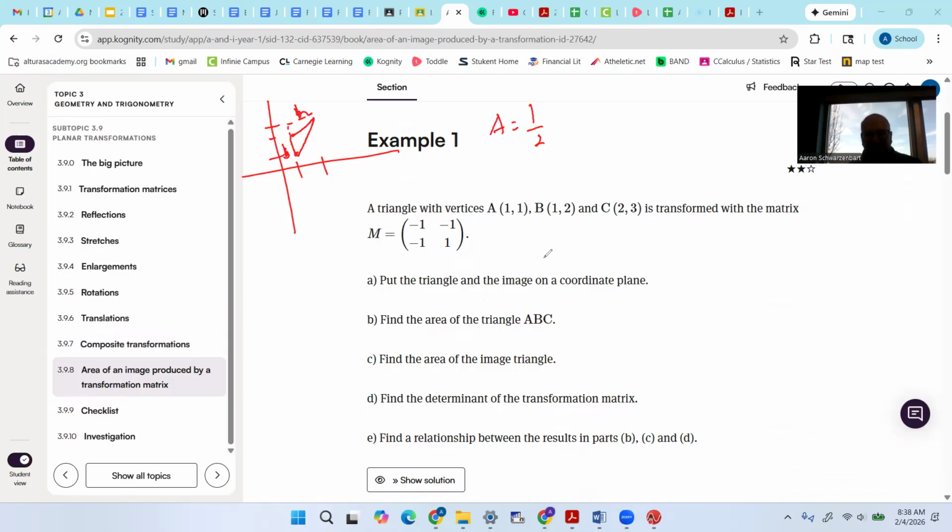Find the area of the image triangle. I don't feel like multiplying that by hand right now, so I'm going to stick it in my calculator.